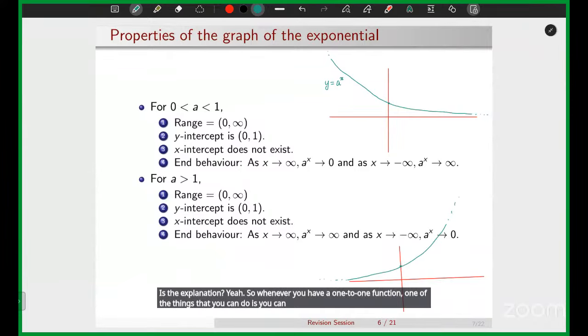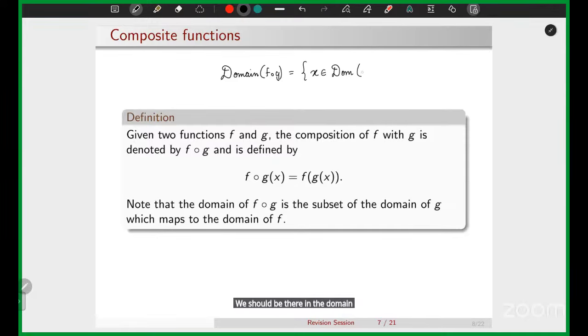So what would be the domain of f of g? That would be all the x of the domain of g intersection with all the g of x, which should be all the range values of g, which should be there in the domain of f. So first of all, it is a subset of the domain of g, because first we are going to act g on it. But do all points work?